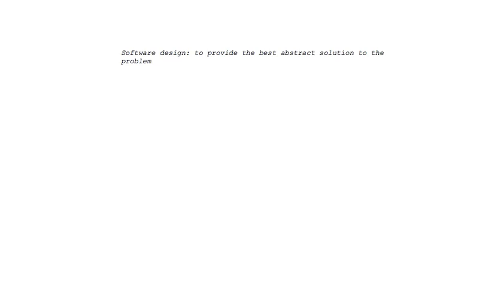Why do we need an abstract solution, not a concrete one? The reason is, when we provide the best abstract solution, we are giving the flexibility to implement this using any object oriented or structured programming language or any platform.